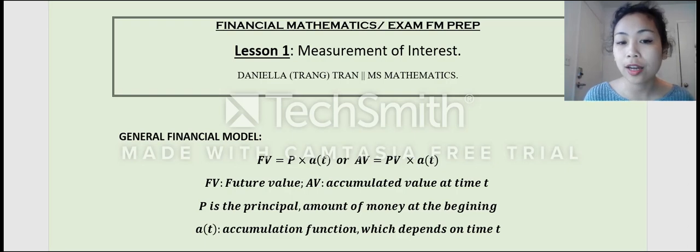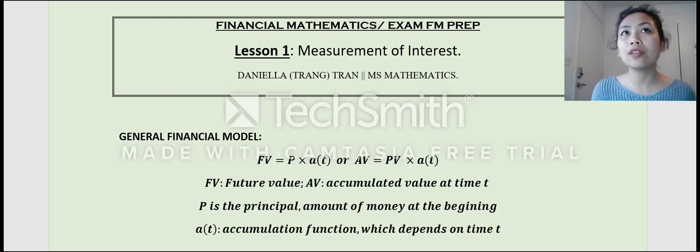Daniel's here and today I'll be talking about financial mathematics and exam FM preparation. Financial mathematics is an area that deals with money, interest, and investment. When you invest your money, you really care about interest and how to maximize your benefits. So we need a tool to measure the interest and to compare the interest.